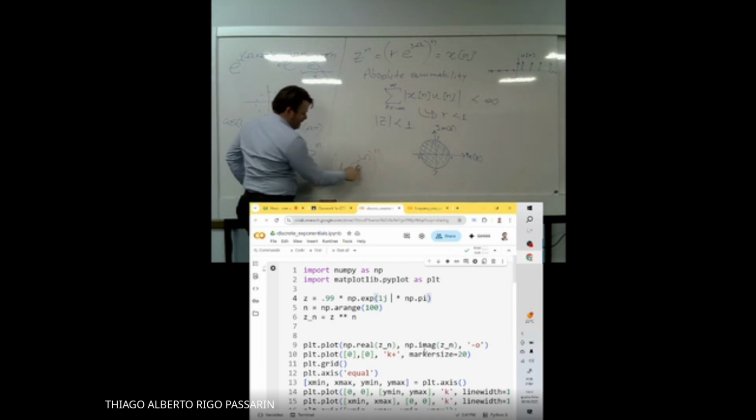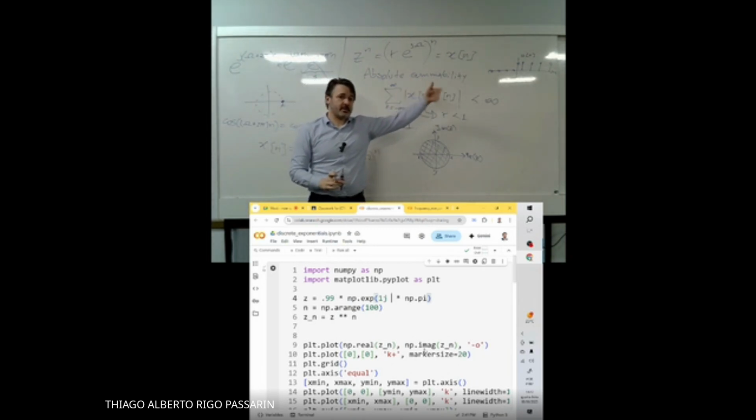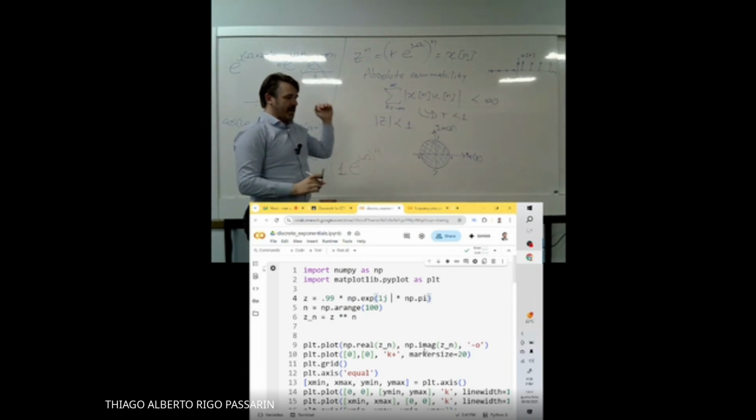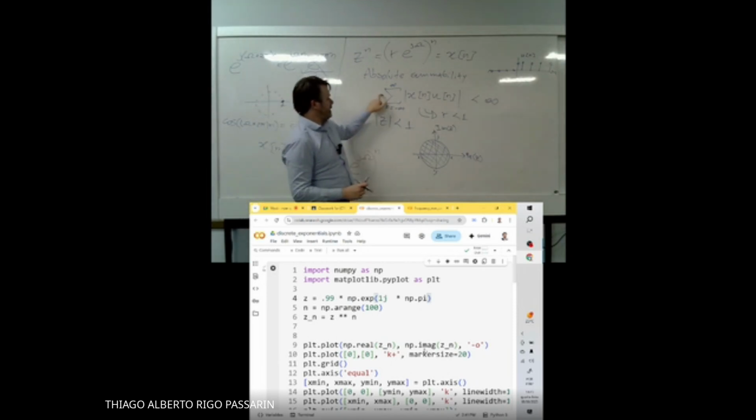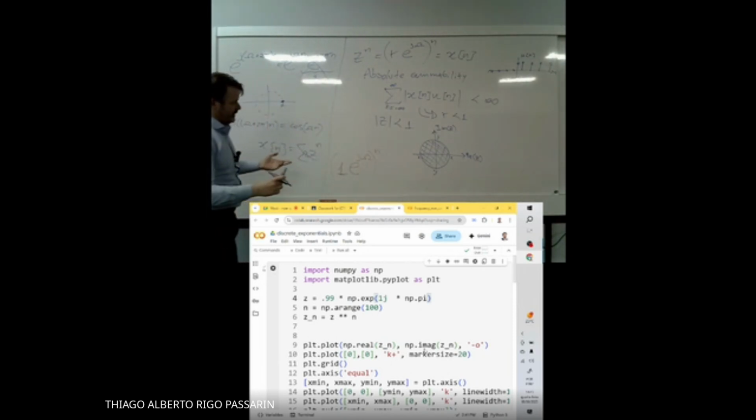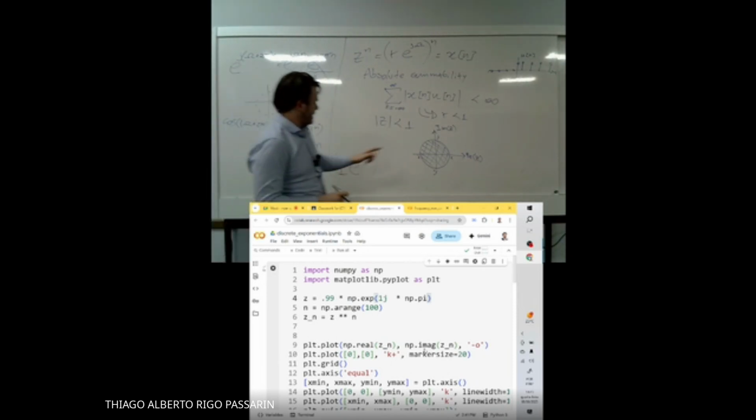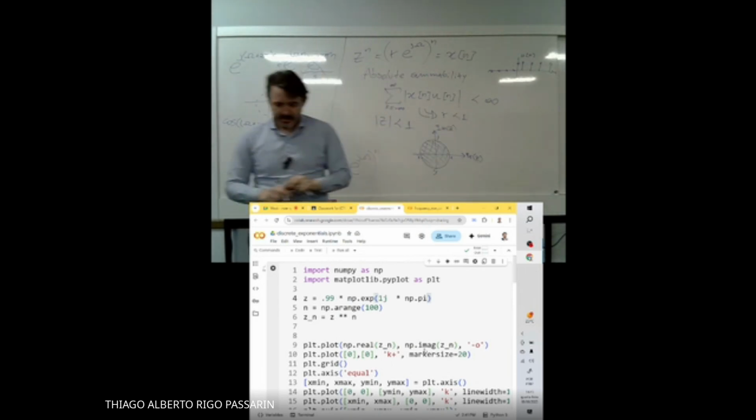So this will always be 1. The absolute value will always be 1. So I'm summing 1 plus 1 plus 1 plus 1 plus 1. Okay, it's well behaved. It's bounded. It doesn't go up to infinity if I see each sample individually, but the sum sums up to infinity. So it's less than, not less than or equal to.